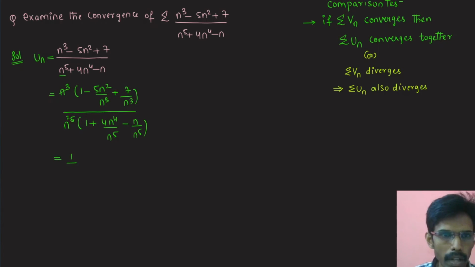So 1 by n square into 1 minus 5 by n plus 7 by n cube, upon 1 plus 4 n power 4 by n power of 5 minus n by n power of 5.